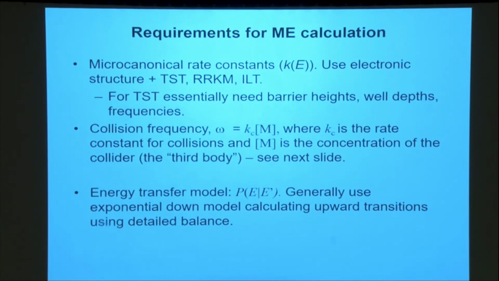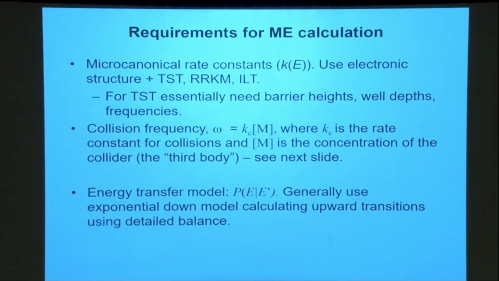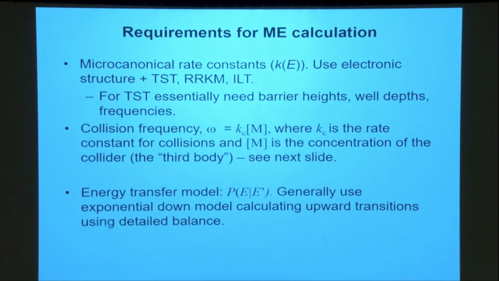And so the level of theory that we use to calculate our barrier heights and frequencies, etc., the level of accuracy from the theory is going to feed into any uncertainties in the predictions of our master equation model. And so a bit later on, I'll show you how that feeds in and the effect of different levels of theory on the prediction of our rate constants.